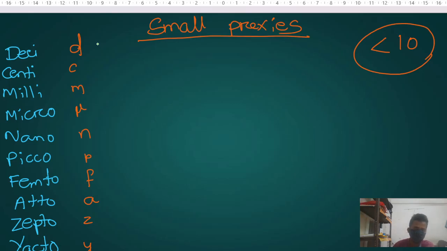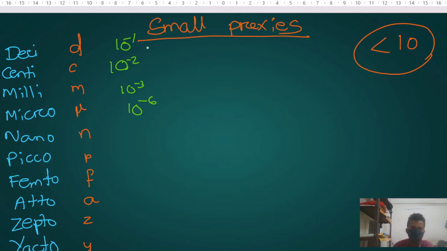For deci, I will write 10 to the power minus 1. For centi, 10 to the power minus 2. For milli, 10 to the power minus 3. Micro, 10 to the power minus 6.